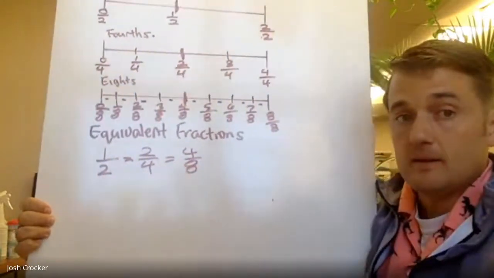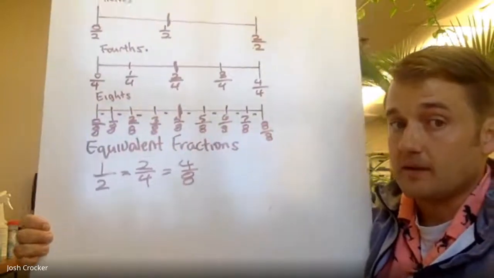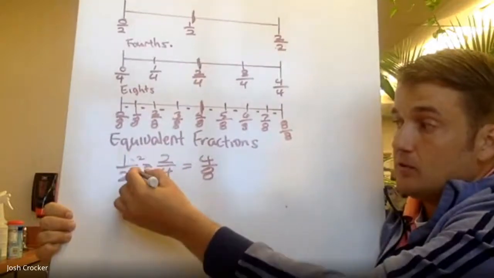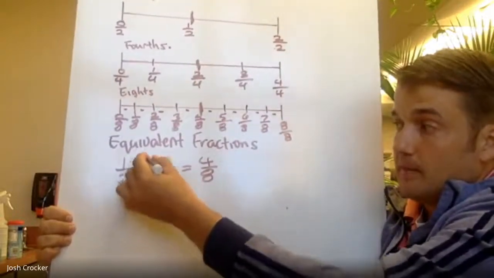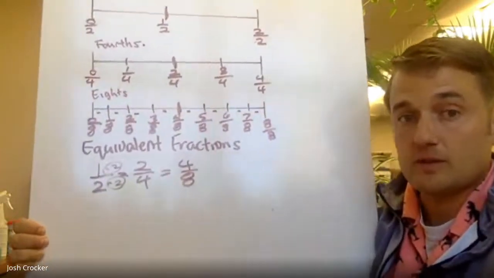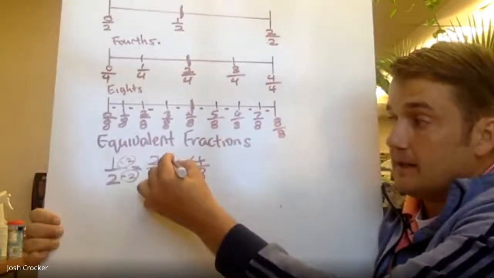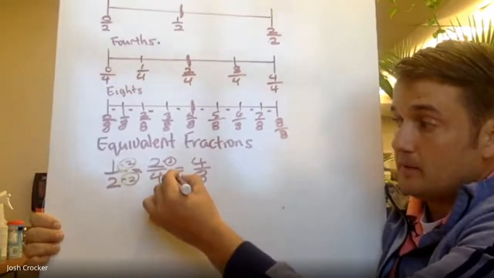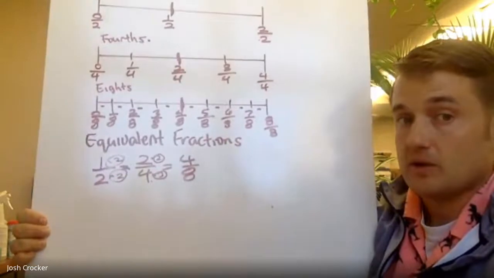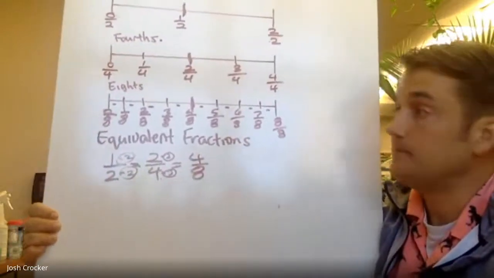Okay, and we can multiply there to make sure that that's true. 1 times 2 is 2. See, multiplying top and bottom by the same thing got us from 1 half to 2/4. And if I multiply again by 2, top and bottom, 2 times 2 is 4. 4 times 2 is 8. So those are equivalent fractions, okay?